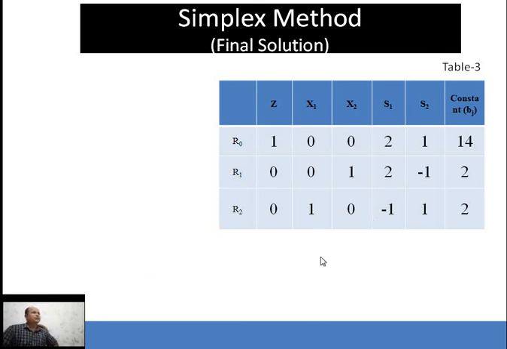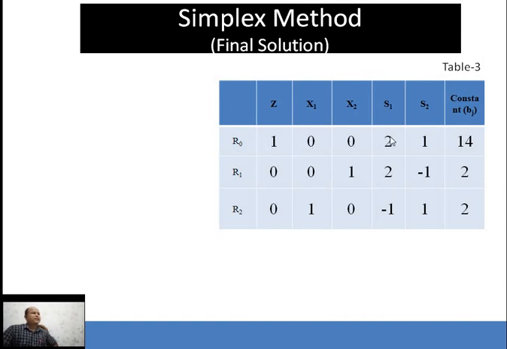We have already got this in the calculation process of the simplex method. See here, we have no negative value in row 0.